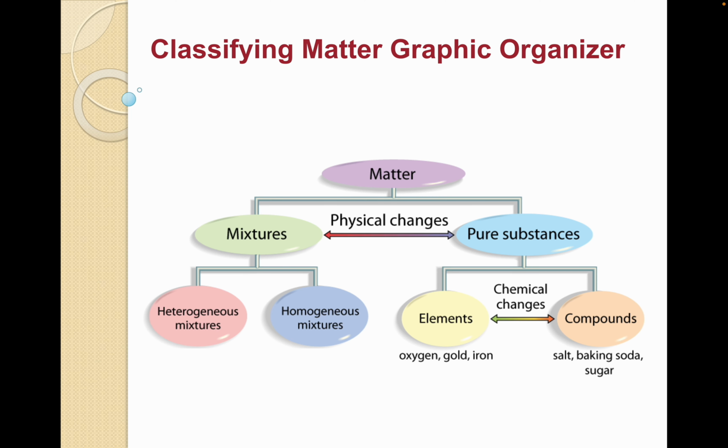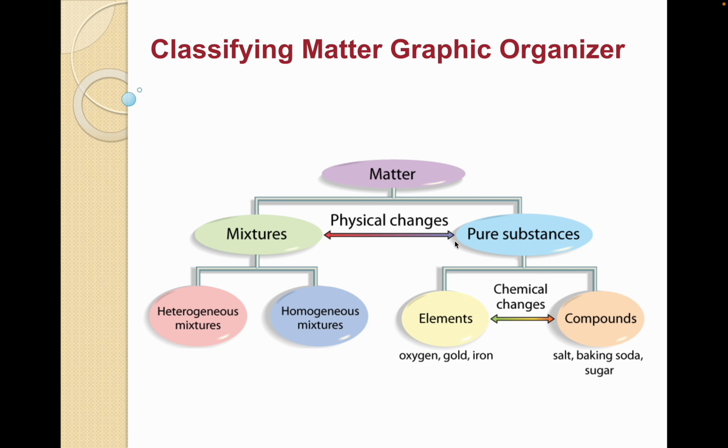Lastly, I have this classifying matter graphic organizer. At the top is all matter, and then under matter you have pure substances and mixtures. As I said before, mixtures go into two subcategories, heterogeneous and homogeneous, and pure substances are either elements or compounds.